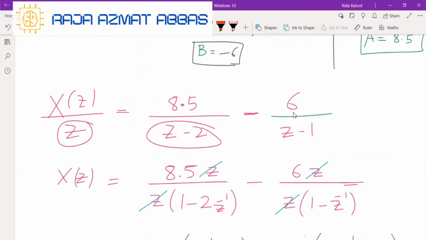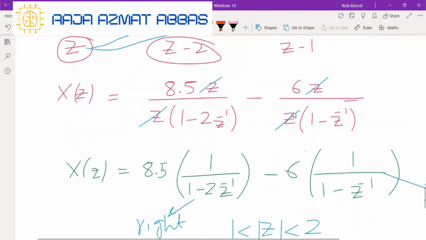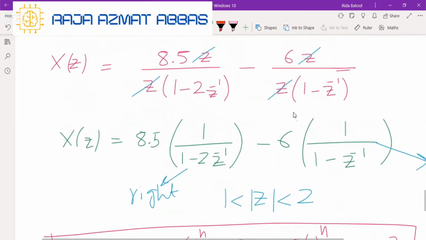Then you have to shift the extra Z again on the right side, so it will get multiplied with the value of A and B. And then you have to do some manipulation.